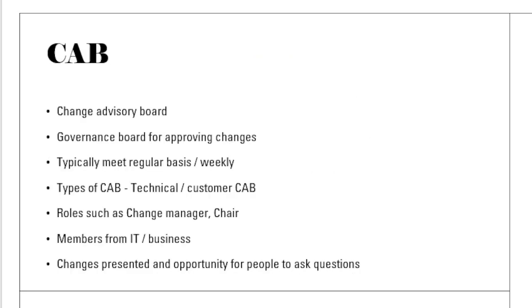The next phrase that you hear in IT service management circles is CAB, C-A-B, and that stands for Change Advisory Board, and that's part of the change management process, the change management practice that is used. It's typically a governance board for approving changes.